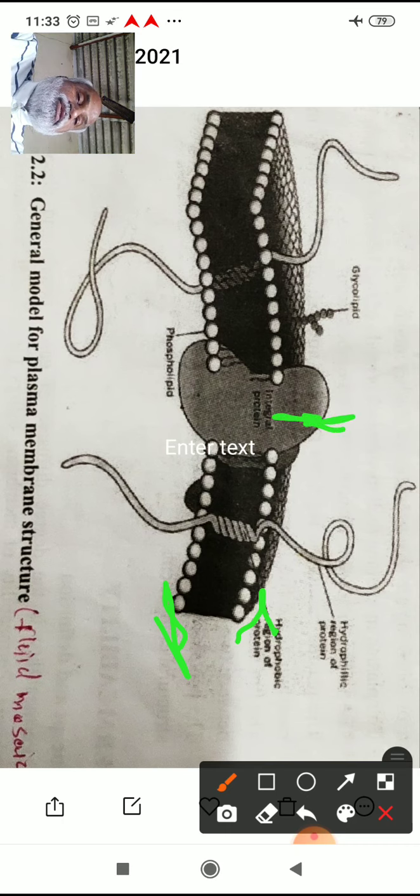So the general model of plasma membrane is in front of you. Some more details related to the structure of plasma membrane: just now we have seen it is the boundary which separates the living cell from their non-living surrounding, or external environment.